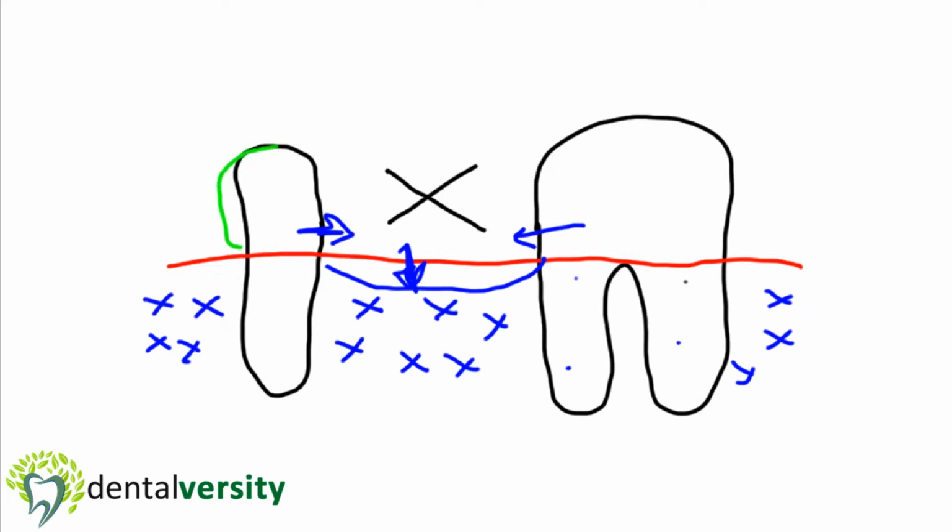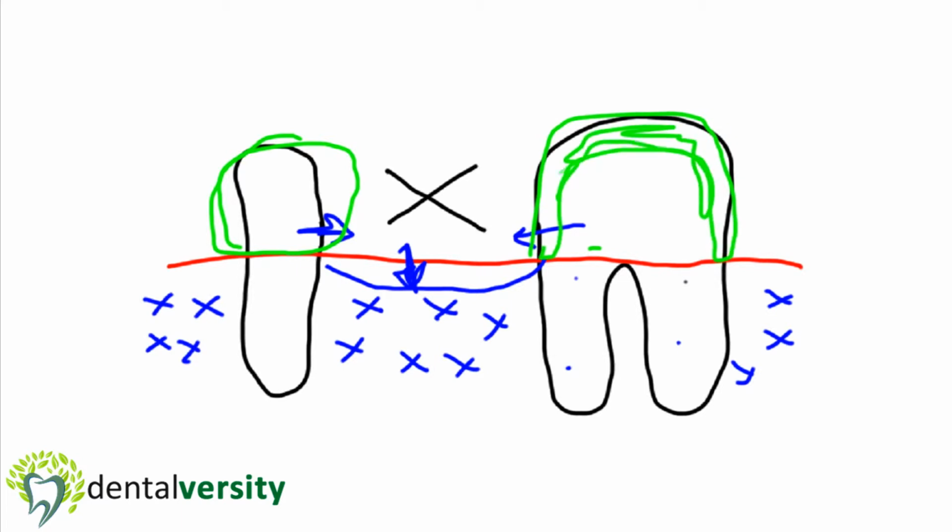Here's a cap that's going to come on top of here. And here's a cap that's going to come on top of there. And it's between these caps where an artificial tooth is going to be connected.